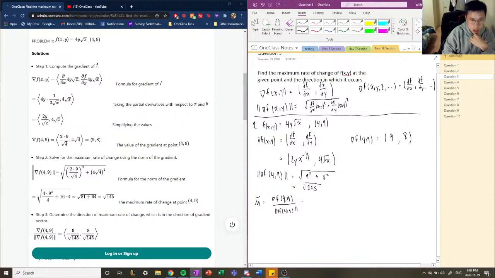Okay, and that equals 9 divided by root 145 and 8 divided by root 145, which in the end just equals 9 root 145 over 145, and 8 root 145 over 145. Okay, so this is the unit vector, and this is the direction of our maximum rate of change.